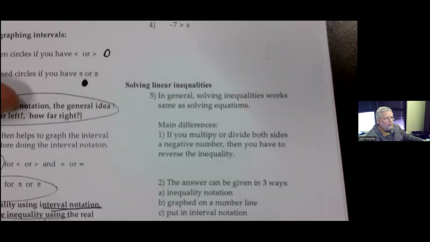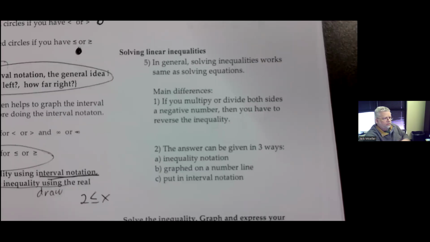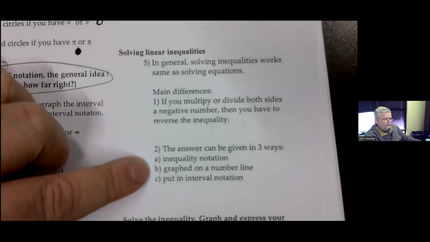All right, so that's where a lot of the mistakes are typically made, in the end part and not so much the solving. So when we're looking at the solving, like I said, in general, solving inequalities works the same as solving equations. There's two differences. One, because we talked about the answers now.